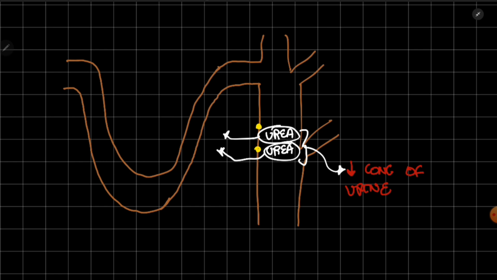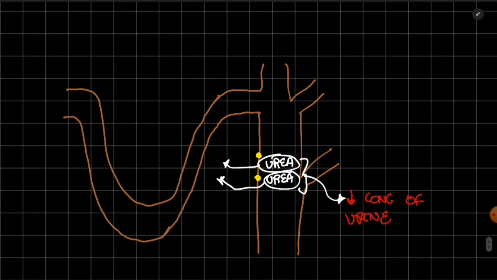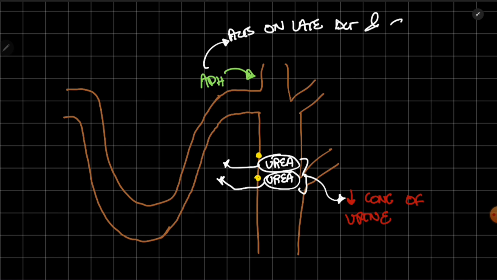Now exactly the opposite function is done by ADH. ADH acts on the late DCT and collecting duct. Let me write it here: acts on late DCT and collecting duct.